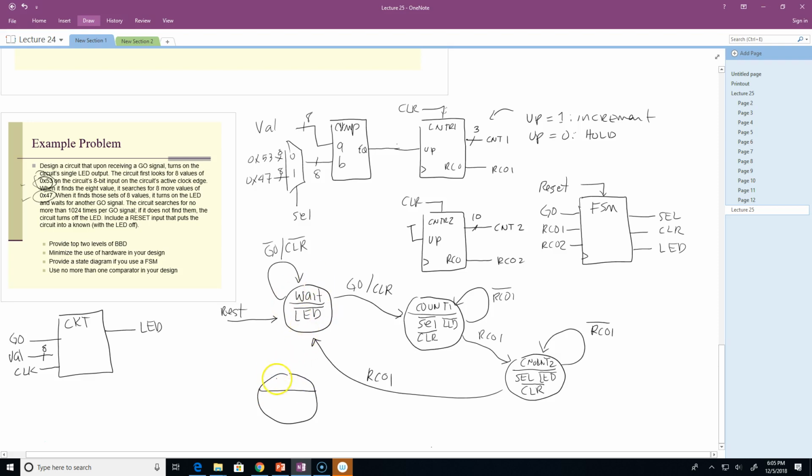This is going to be exactly the same as this other state. I'll just call it wait X, probably not the world's best name. Essentially, it's the same as the other state, but the LED is going to be on. Go, and go, and clear.